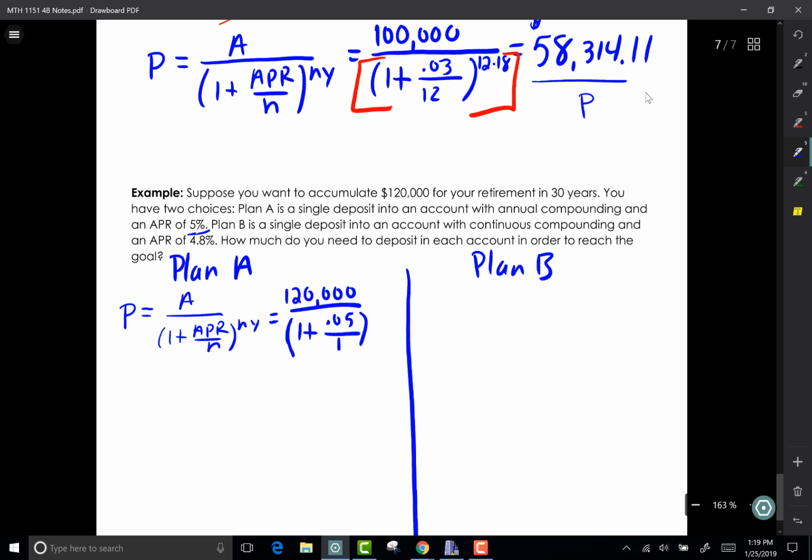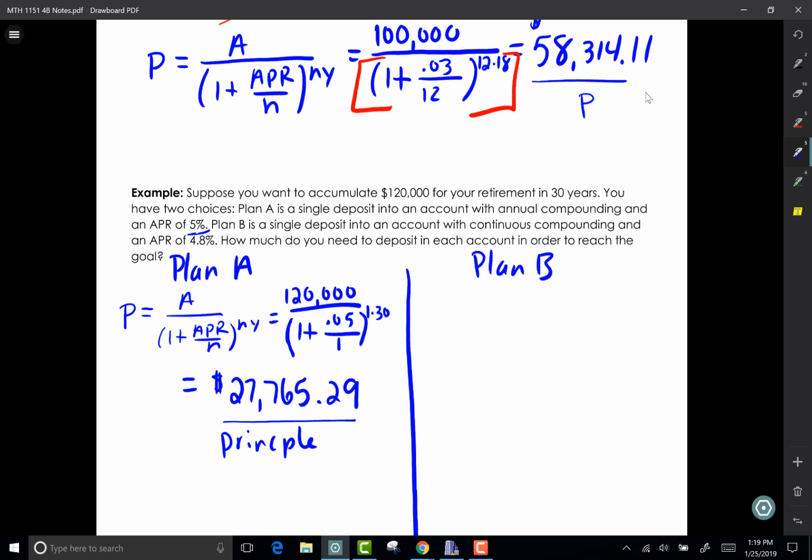And then we're doing this for 30 years, so 1 times 30 here. When we put that in the calculator, we should get $27,765.29. So this is what we need to invest right now for Plan A in order to get $120,000 to retire in 30 years.